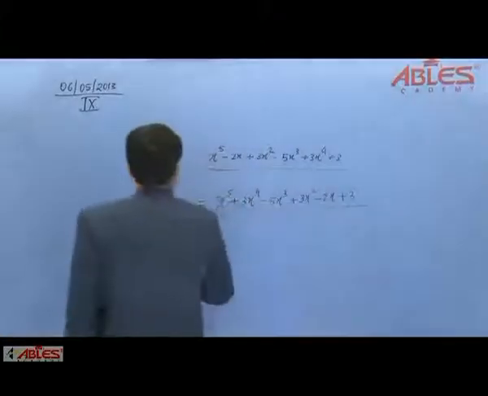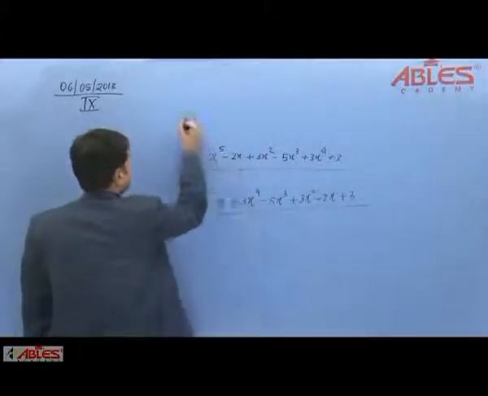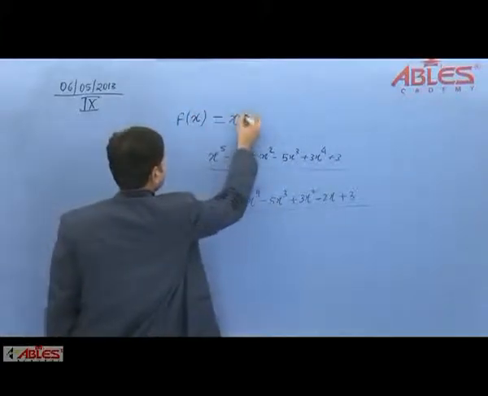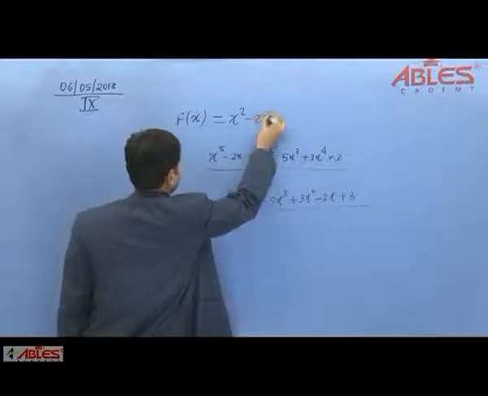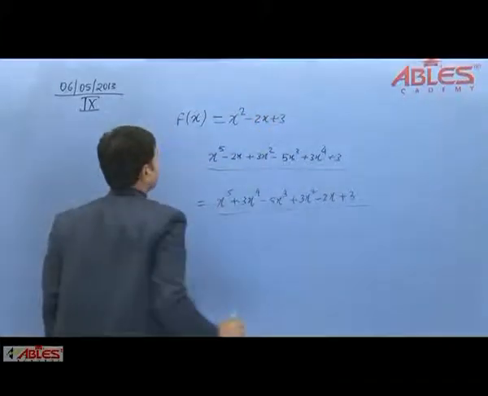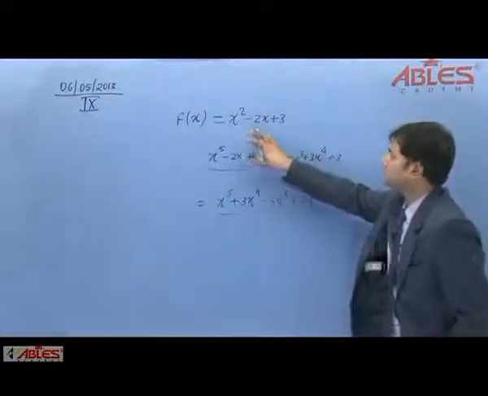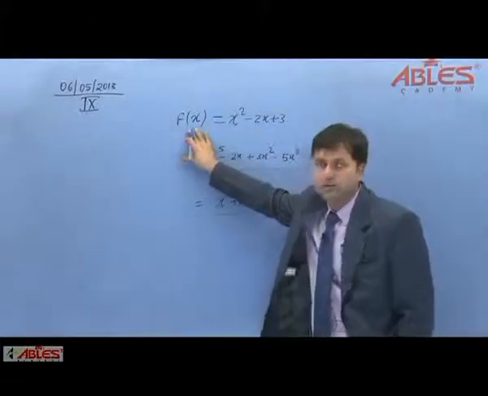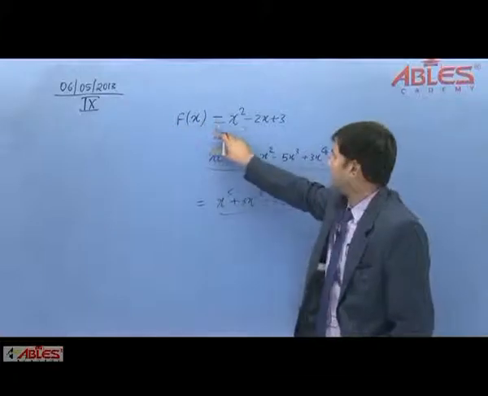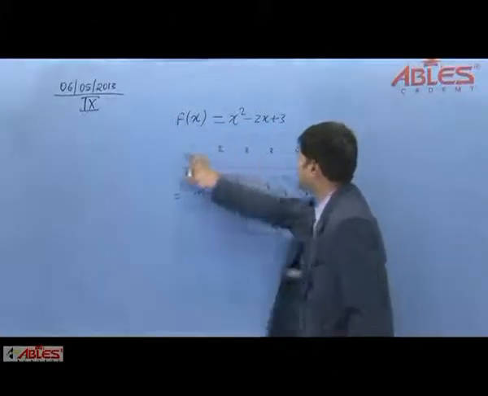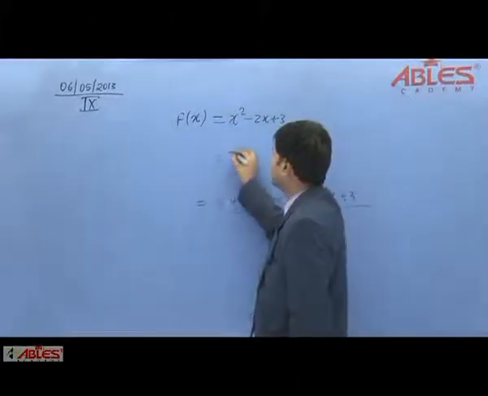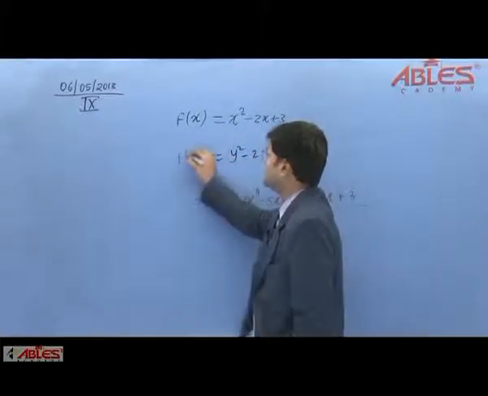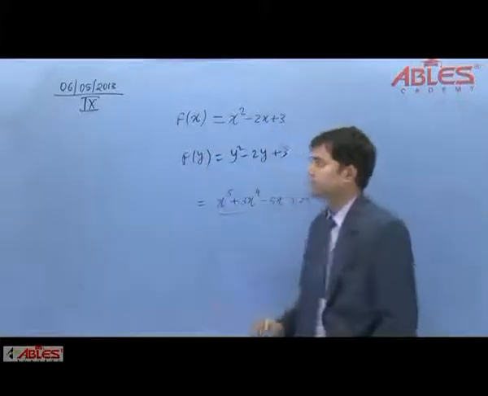Now we will indicate this polynomial by symbol f(x). Suppose we have f(x) equals x square minus 2x plus 3. So this time we will represent this on the left hand side by a symbol f(x). We are calling it a function of x. If we change our variable here, suppose y square minus 2y plus 3, then we will indicate it by f of y.